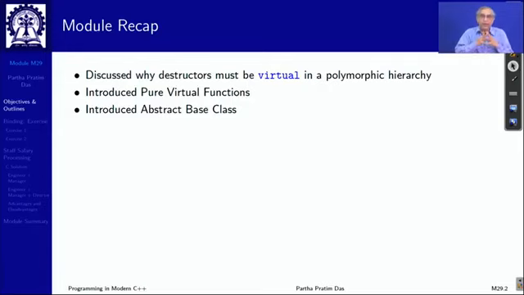We have looked at why destructors must be virtual on a hierarchy, why we need pure virtual function, what is abstract base class, and so on. So, in terms of dealing with a certain level of polymorphism, which is typically the runtime polymorphism right now, along with some of the overloading which we have already learned, we have covered all these.